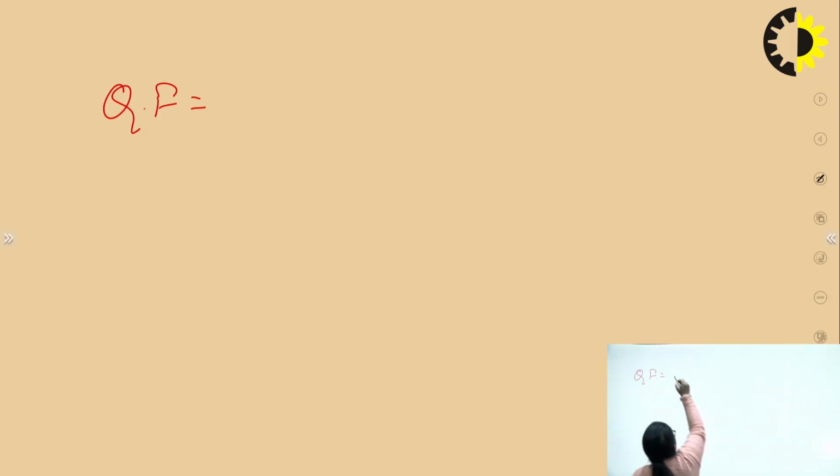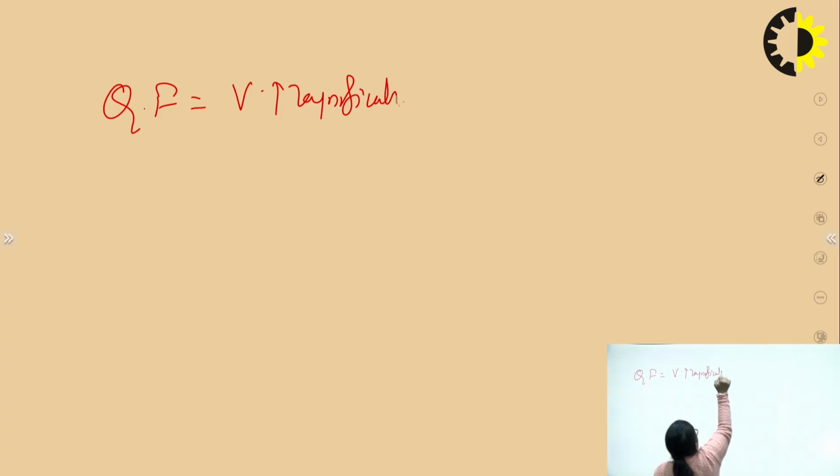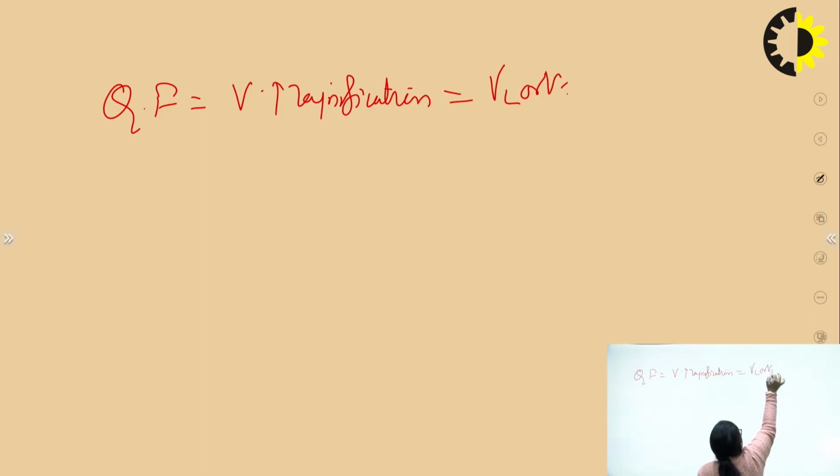So, the quality factor is given by the voltage magnification occurring across inductor, or that means it can be given as VL or VC upon the supply voltage or the resistive voltage, because at resonance the supply voltage is equals to the resistive voltage.